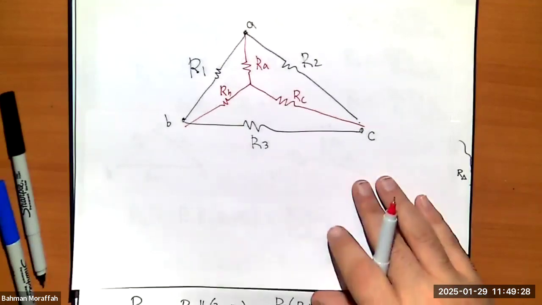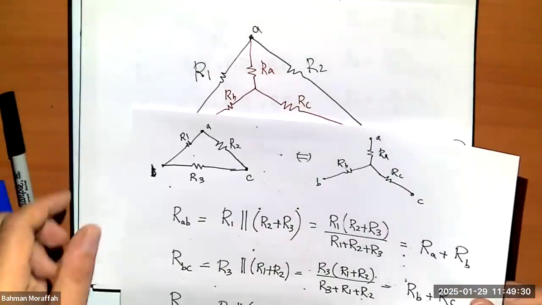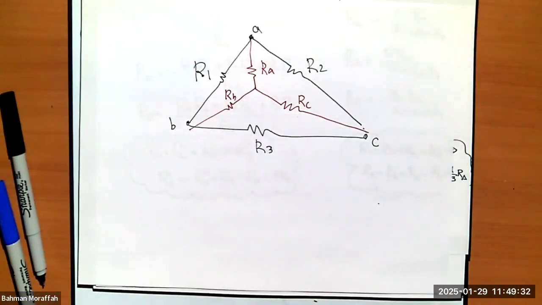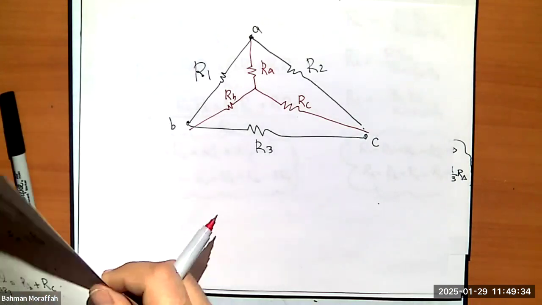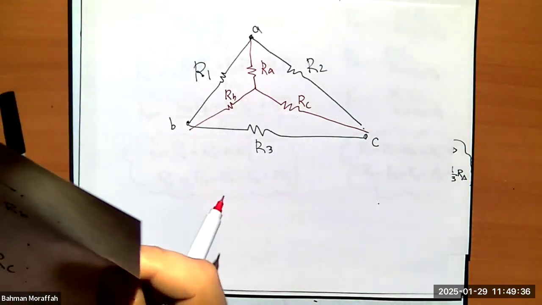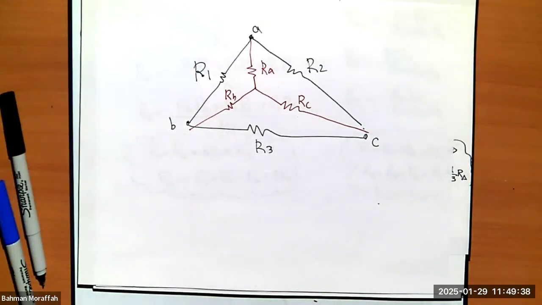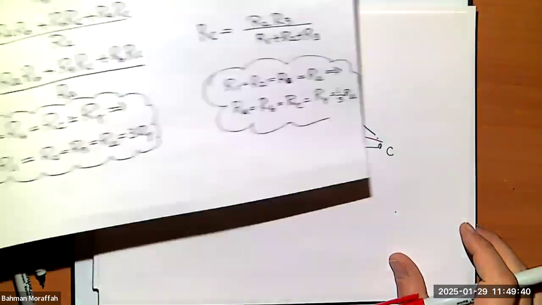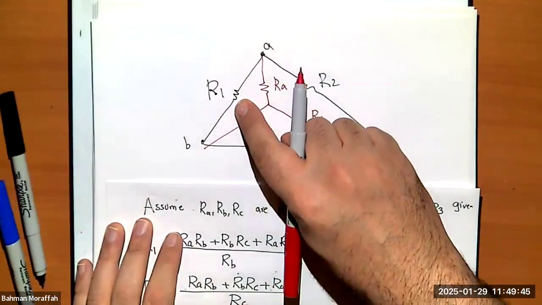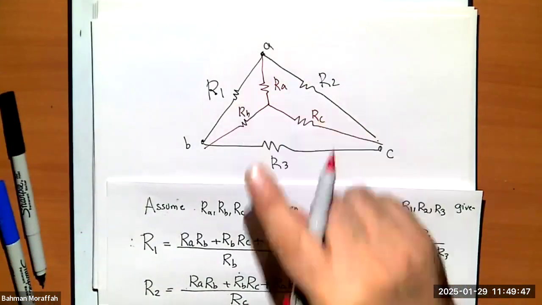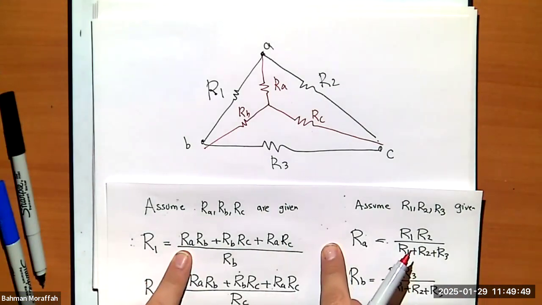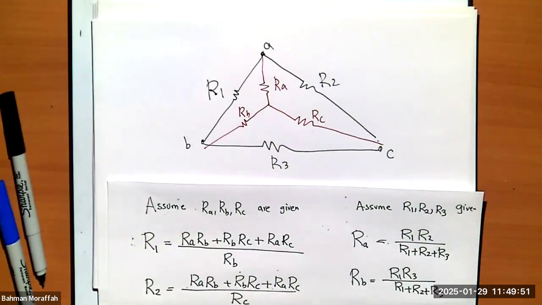Let's see how we can memorize this. Let's say I want to find R1. On the numerator, it's all the possible combinations of 2 resistors.